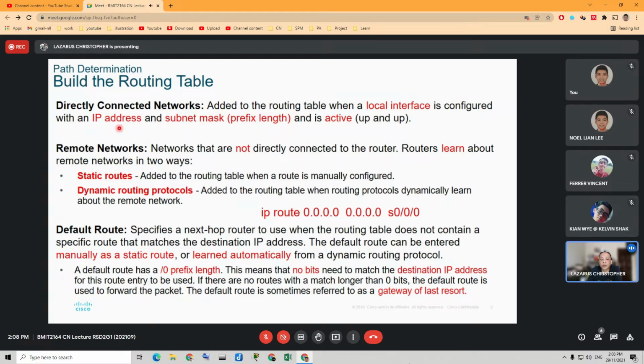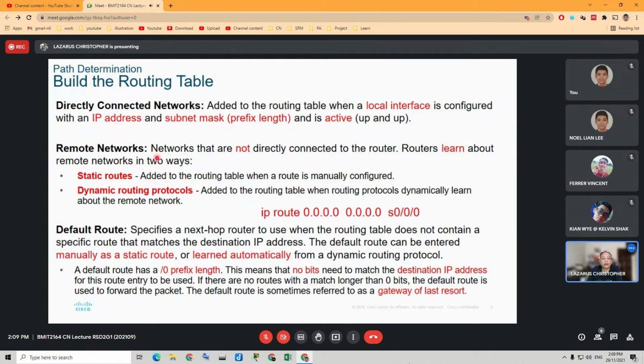But if you set the interface IP address and subnet mask, and then no shutdown to bring it up, the router will add the network address of that IP address into its routing table.